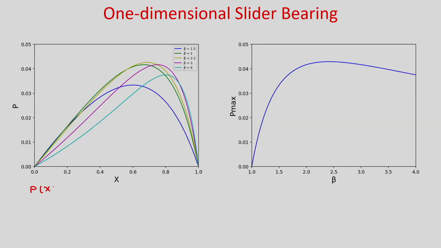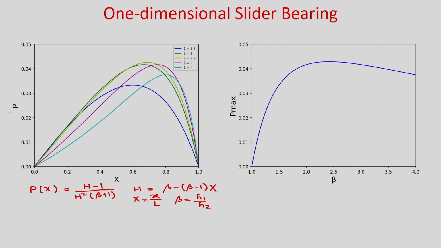In non-dimensional form the pressure difference we have written as P of x is equal to H minus 1 divided by H square into beta plus 1, where H is beta minus 1 times x, and you know that x is the non-dimensional x coordinate, x by L, and the taper ratio beta is H1 by H2.